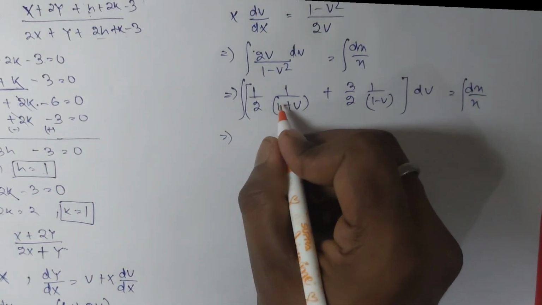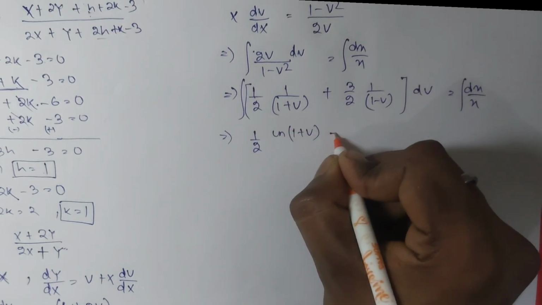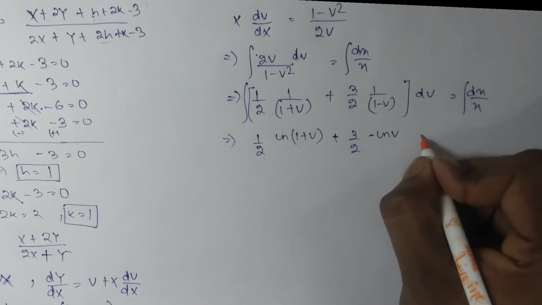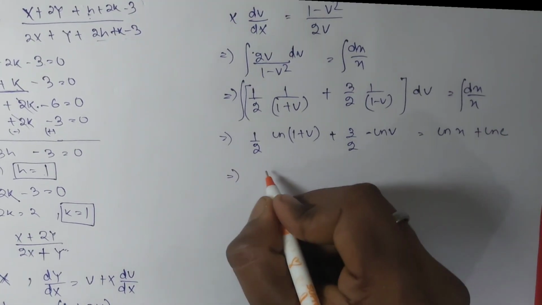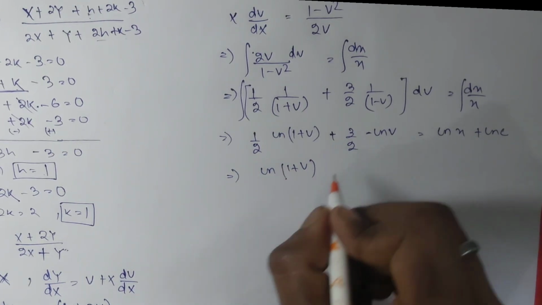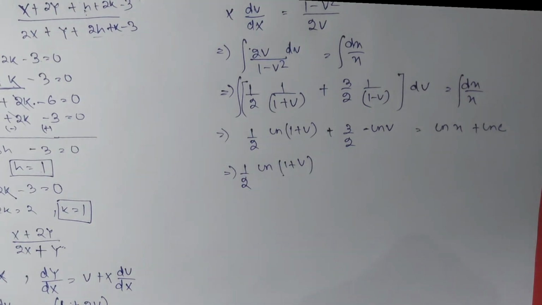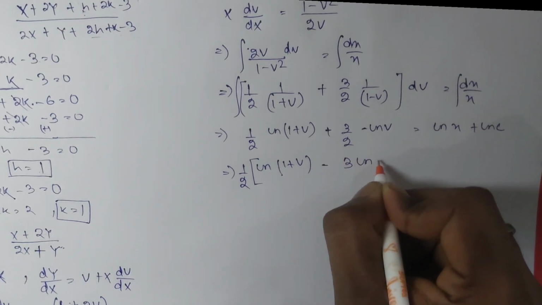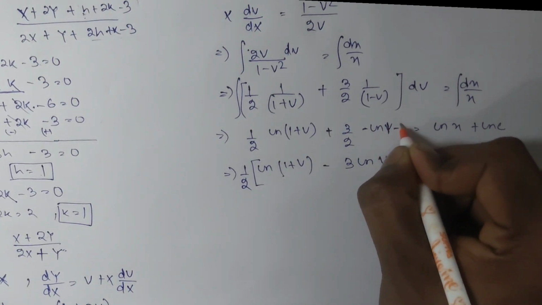Then it becomes half ln 1 plus v plus 3 by 2 ln 1 minus v equals ln x plus ln c. If we take half common, then it becomes ln 1 plus v plus 3 ln 1 minus v. Sorry, here it is 1 minus v.